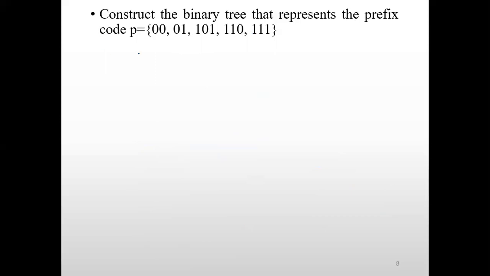Construct the binary tree that represents the prefix code P, that is 00, 01, 101, 110, and 111. So for the given prefix code, we need to construct the binary tree.